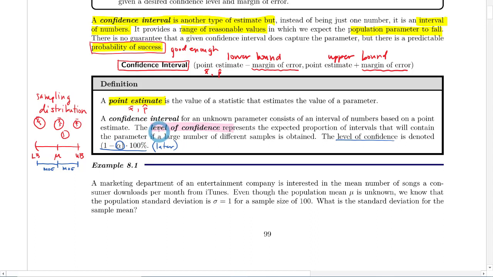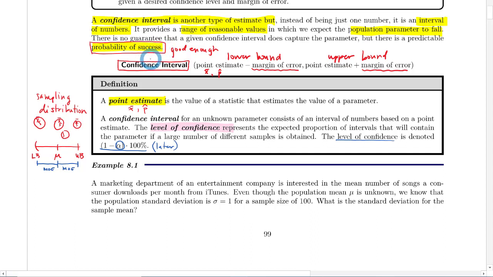Right now, I just want you to conceptualize what a confidence interval means and how we calculate it. It's a really simple calculation. We just need a point estimate, which is usually given to us, and then we add and subtract a margin of error. So again, I want to reiterate that the confidence interval is an interval in which the population parameter could lie, within a certain lower bound and upper bound.